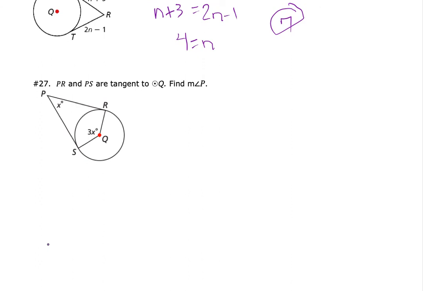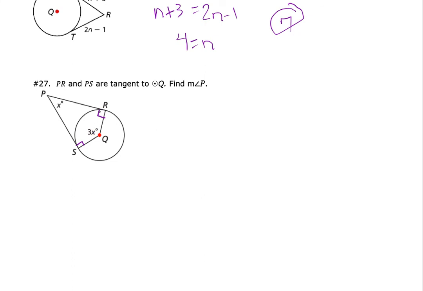Okay, this one here, number 26, is very similar to this. I just wanted to point it out because I think kids have had difficulty seeing this before. So it tells us that PR and PS are tangent. What we know then from the theorem is that if it's tangent, then it is perpendicular to the radius. So we have to find the degree of angle P, which is just x, but we now know enough information so that we can set it up.